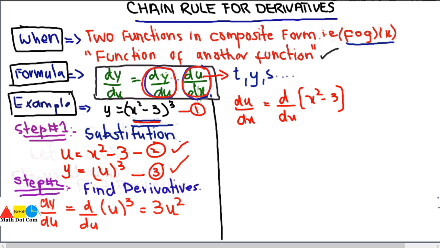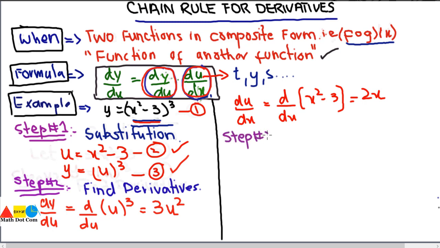We have to find the derivative of this with respect to x. So for x square we have the derivative 2x using the power rule, and the derivative of 3 is 0. So I'll write just 2x.